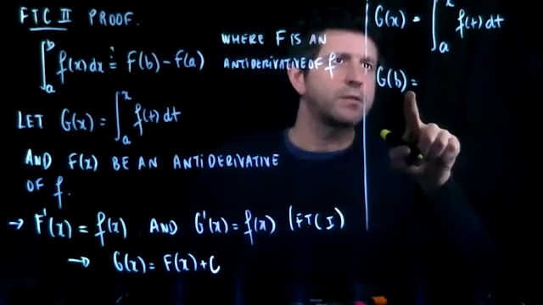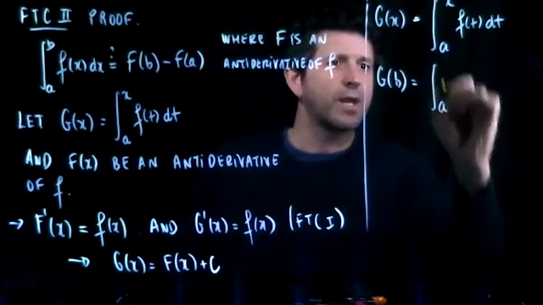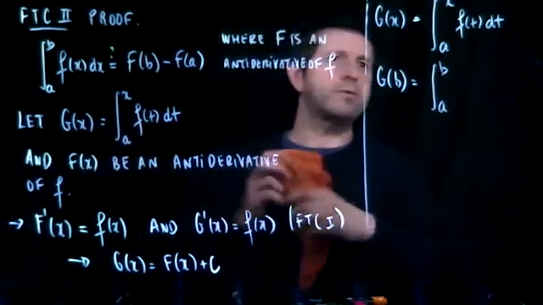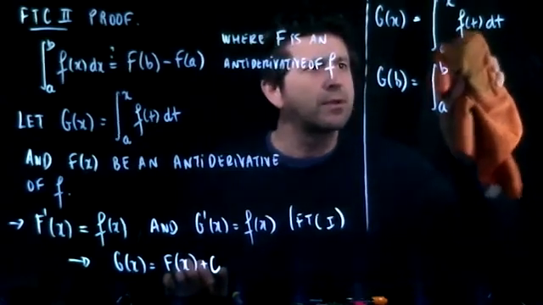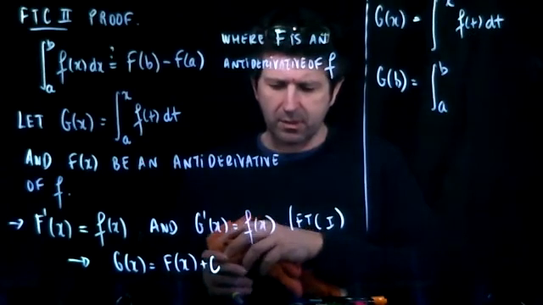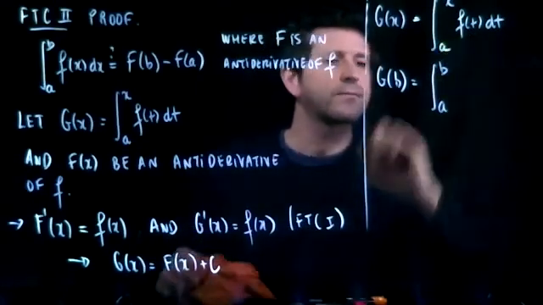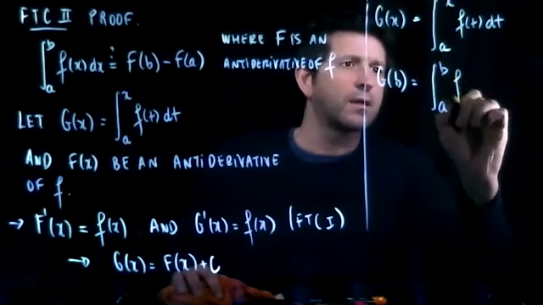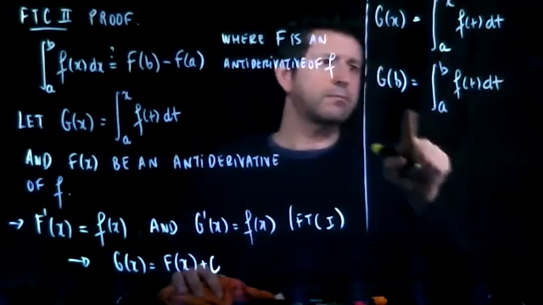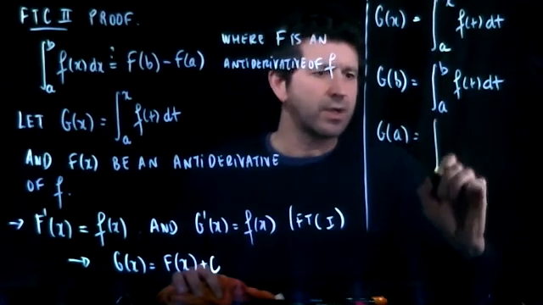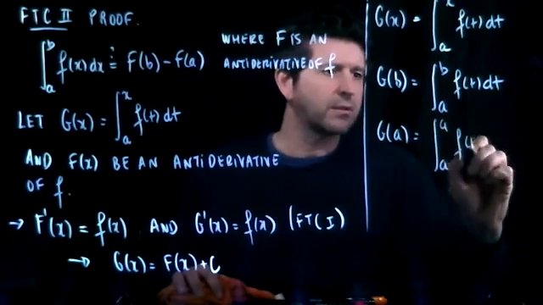G of b is the area from a to b of f of t dt, and G of a is the area from a to a, f of t dt.